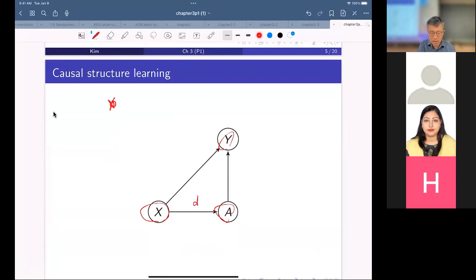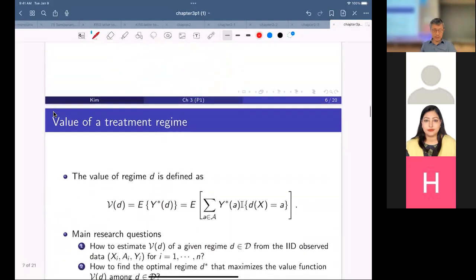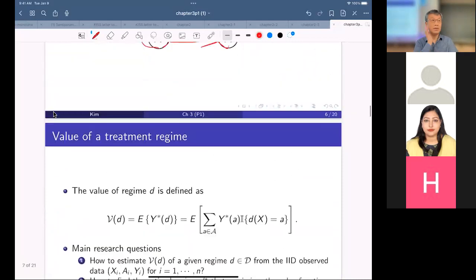The rule here is more like D, and this line is D. Okay, we'll see further.